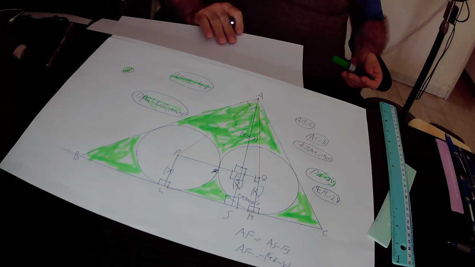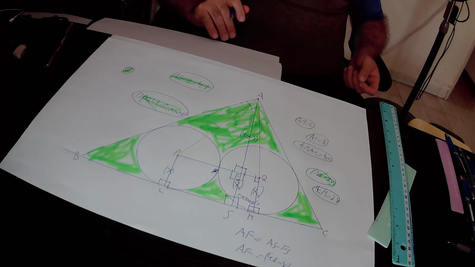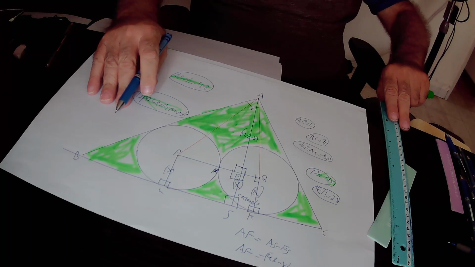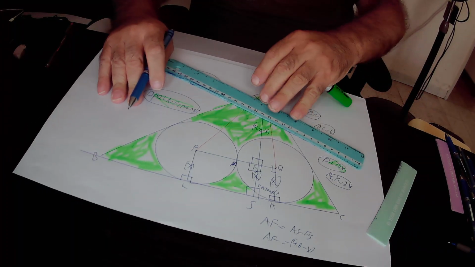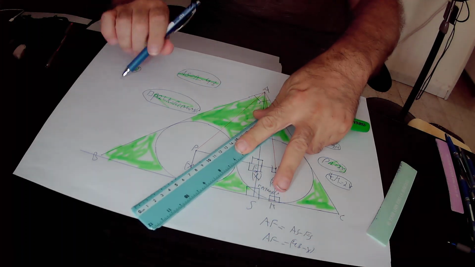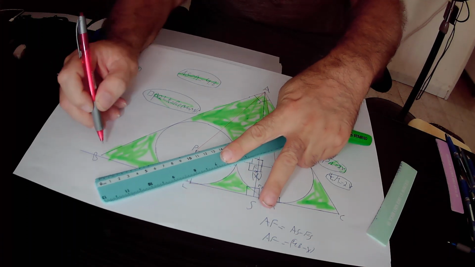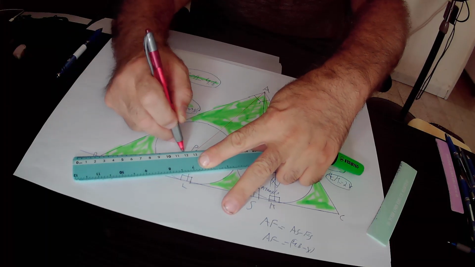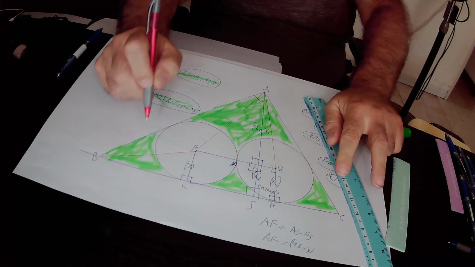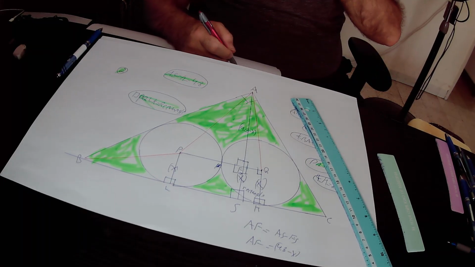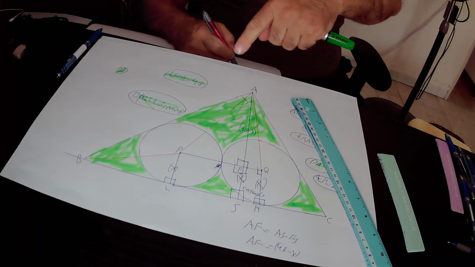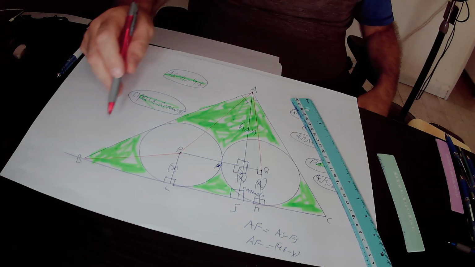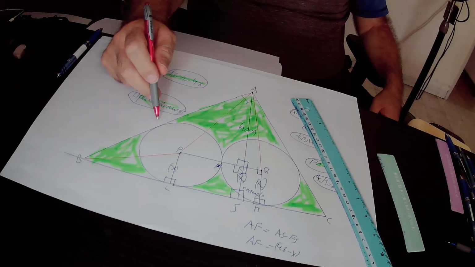In the next step, we'll join points P and B together by a straight line. Likewise, we'll define the point of tangency of tangent AB with this circle.